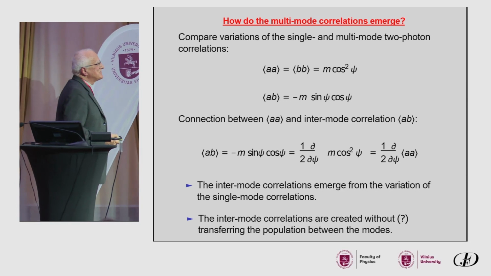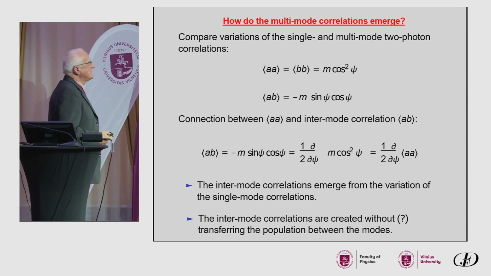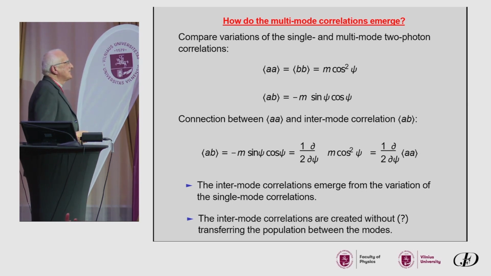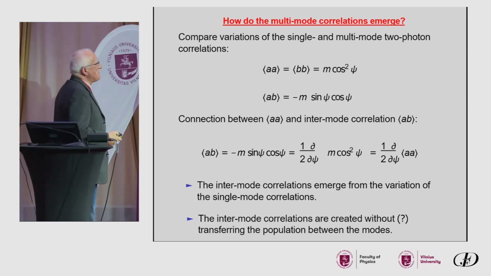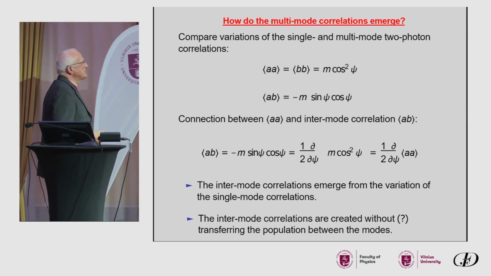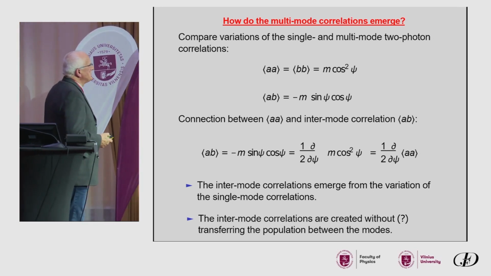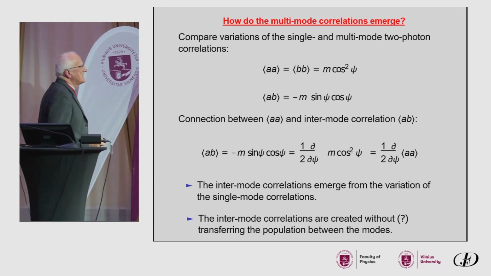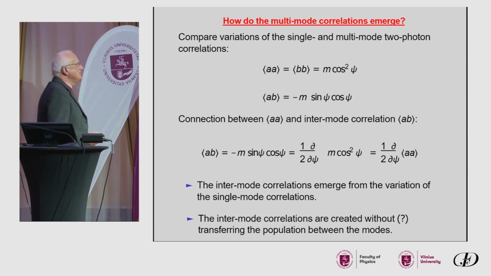If there are some non-classical correlations present inside the modes, you see that the creation of entanglement is not a transfer. Sometimes people say that there is a transfer of correlation from inside the modes to between the modes, but this expression shows it's not true. These correlations between the modes are created due to change, because the correlations inside must change. And what is interesting here is that the number of photons is conserved.